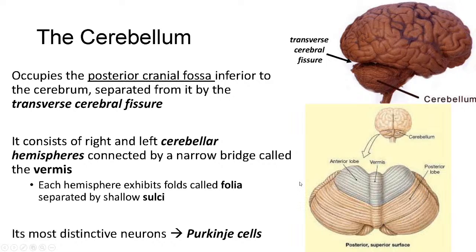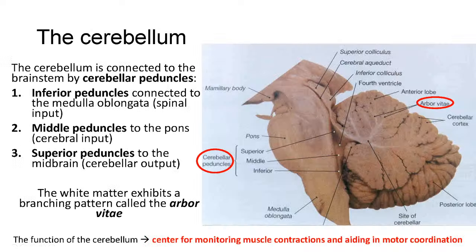All right. Now, most of the fibers here are going to be known as Purkinje fibers, or some people pronounce that Purkinje. A lot of people pronounce it Purkinje fibers located in the cerebellum. All right, so the cerebellum has three peduncles, which are essentially connections between the cerebellum and the brainstem.